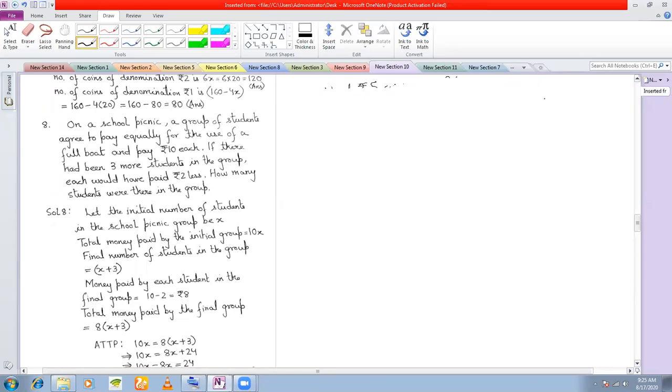So suppose I initially take, let the original number of students be x. How much does each student pay?